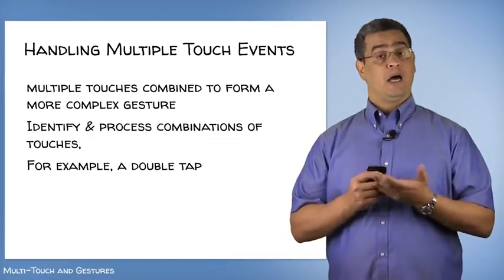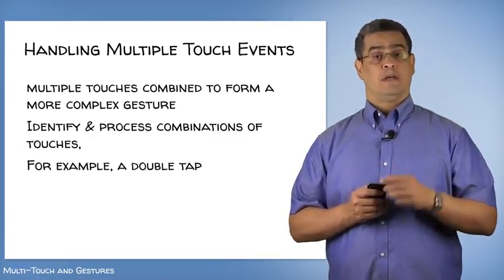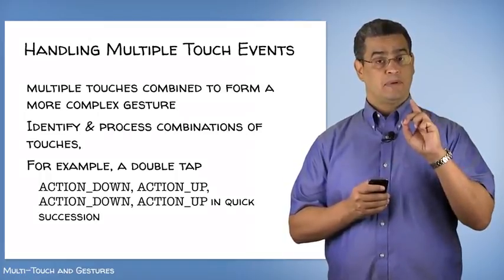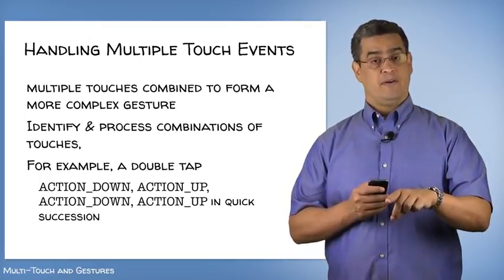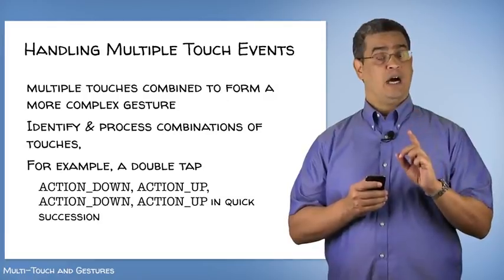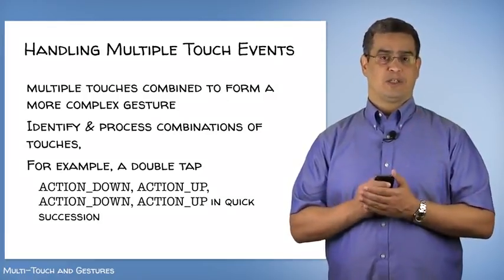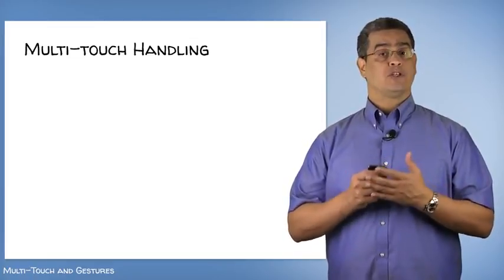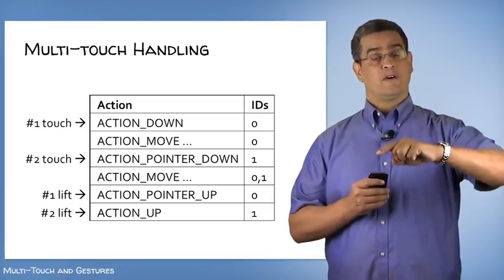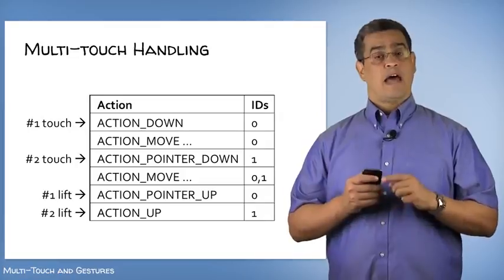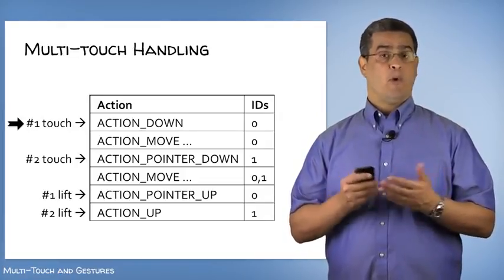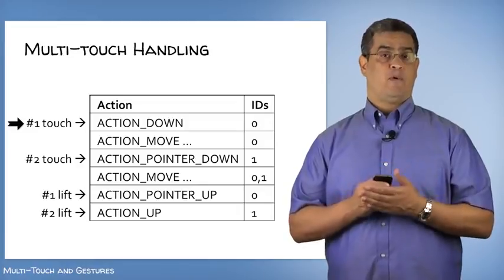For example, a double touch will involve an action down, and then an action up, and then another action down, and finally an action up, all in quick succession. To give some examples, suppose you start a gesture by placing one finger down on the screen. That will generate an action down event and might assign a pointer ID of 0 for that pointer.